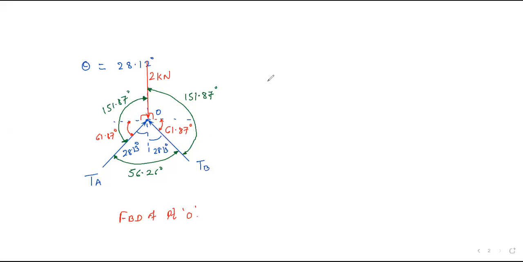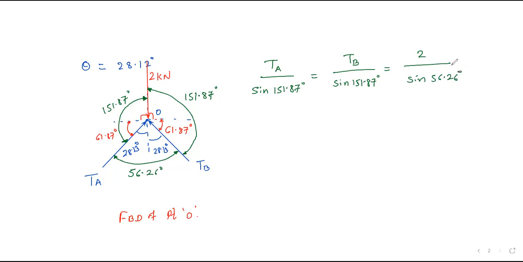Now we can use the Lami's theorem. So I can write TA upon sine of, if I am thinking about TA, the angle between the other two, that is 2 kilonewton and TB, it is 151.87, which is equal to TB upon sine of 151.87, which is equal to 2 divided by sine of 56.26.